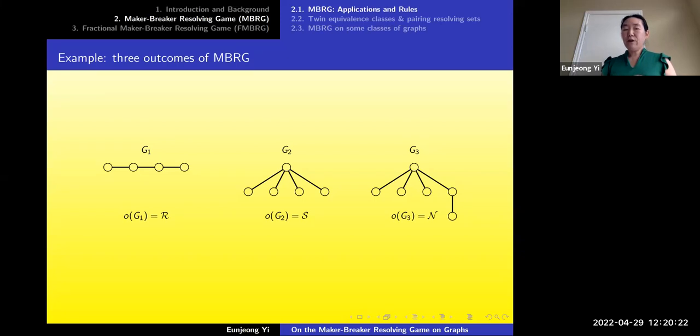Now, if you are the resolver, you can occupy the first end vertex, and out of the other 2 vertices along the path connecting to the major vertex of degree at least 3, you can pick one of them. So the resolver is guaranteed to win.